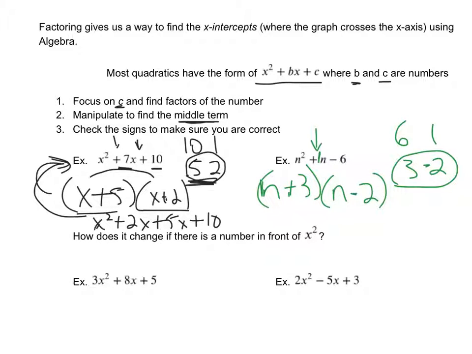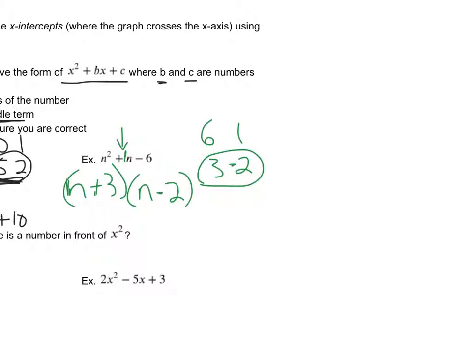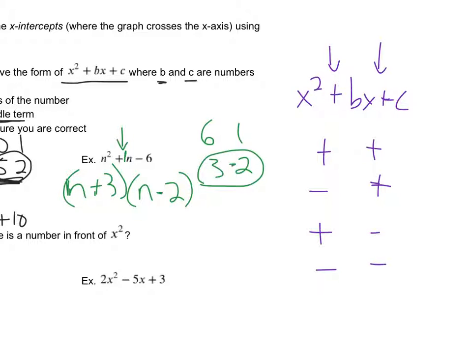One of the giveaways when you're dealing with signs is looking at all the different possible combinations. If I've got x squared plus bx plus c, for these two signs there are only 4 combinations: plus, plus; minus, plus; plus, minus; minus, minus.